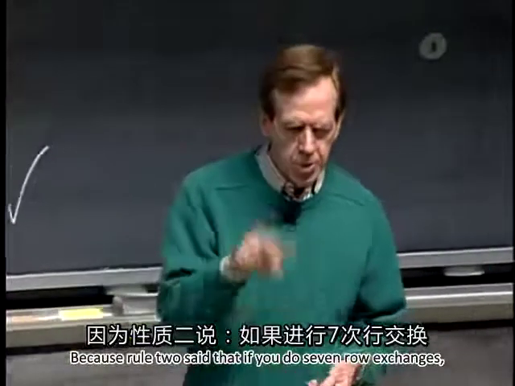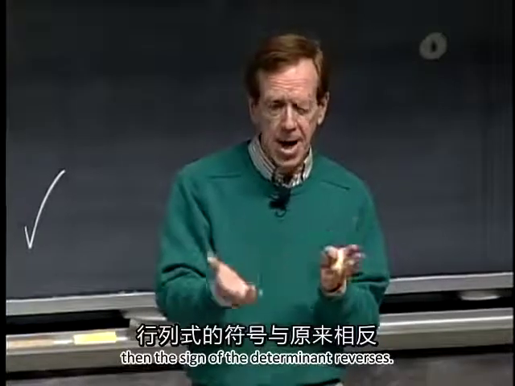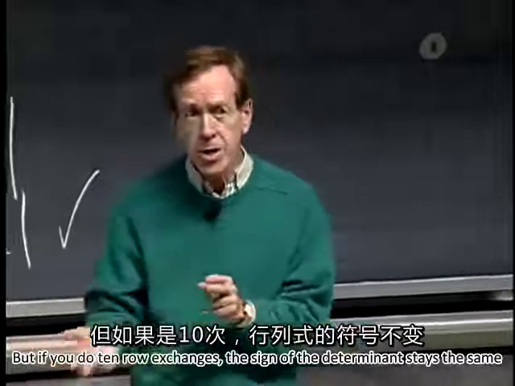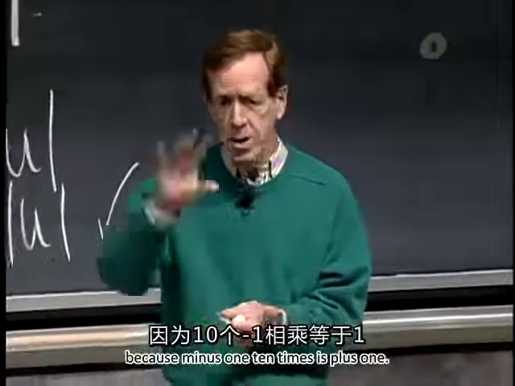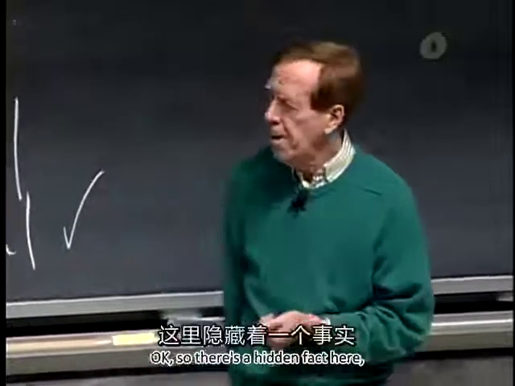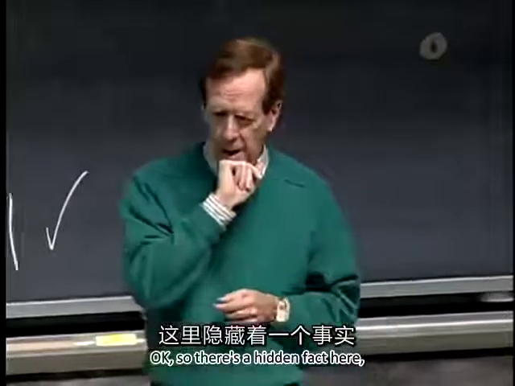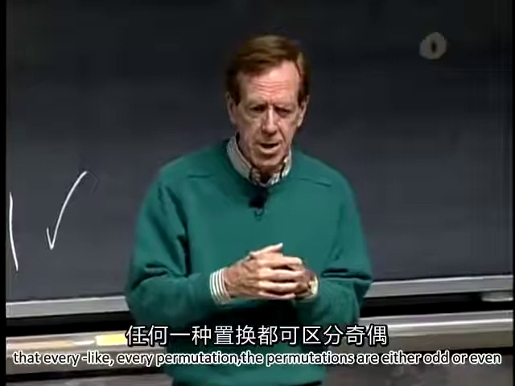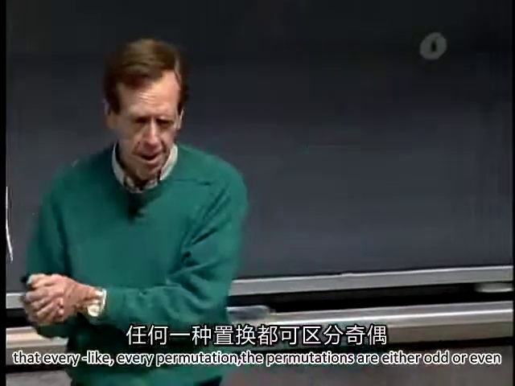Because Rule 2 said that if you do 7 row exchanges, then the sign of the determinant reverses. But if you do 10 row exchanges, the sign of the determinant stays the same, because -1 ten times is +1. Okay, so there's a hidden fact here, that every permutation is either odd or even.